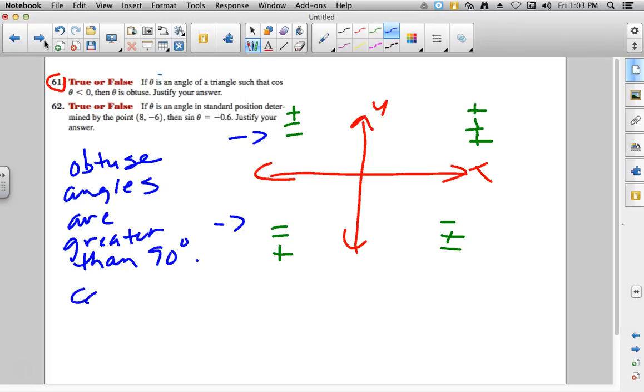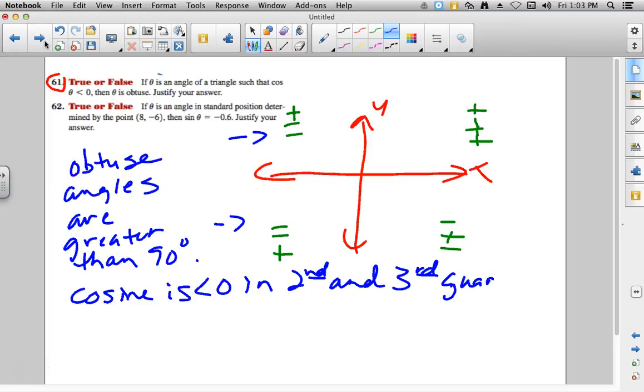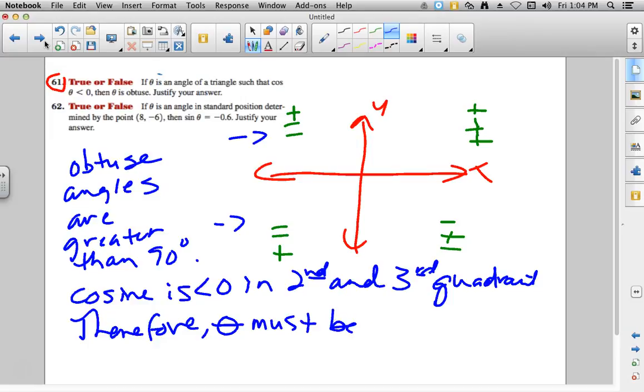And we know that cosine is less than 0 in the second and third quadrant. Therefore, theta must be obtuse.